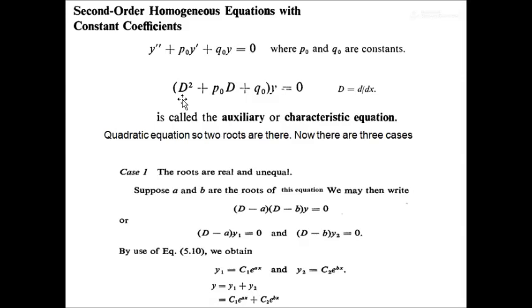You can take y equal to e to the power mx as the trial solution and put it in the equation. You can take an auxiliary equation, and from this auxiliary equation you can solve m to get two roots, giving e to the power ax and e to the power bx.